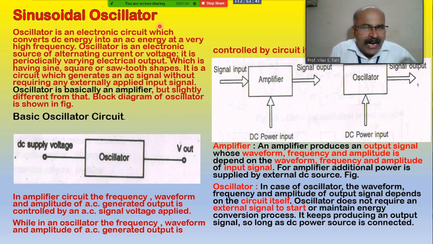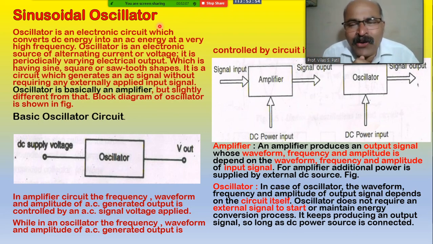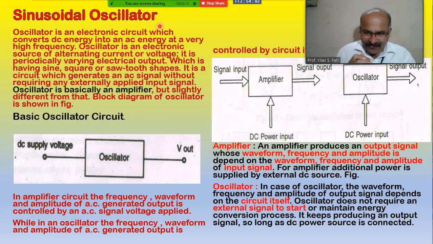Then sinusoidal means whose output is like the sine wave, whose amplitude and frequency are constant. That is known as sinusoidal. Then oscillator. Oscillator is an electronic circuit whose output is oscillatory.